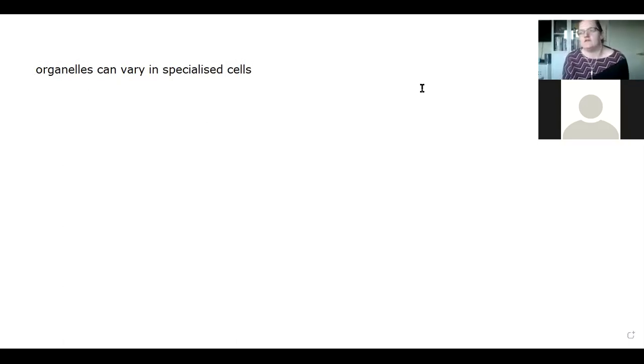You'll have done lots of this at GCSE, where you'll have found out about things such as neurons, nerve cells, epithelial cells, muscle cells, egg cells, sperm cells, cardiac cells, liver cells, plant cells, root hair cells, and it's all about specialized parts of it.